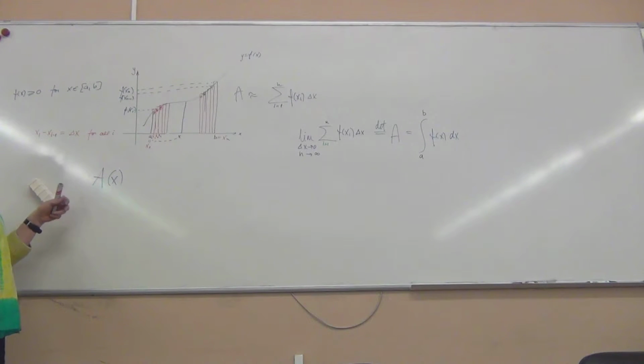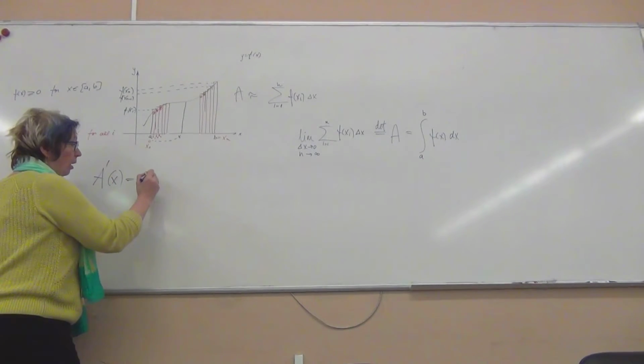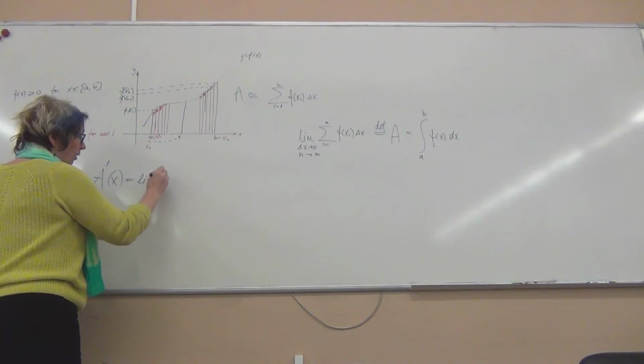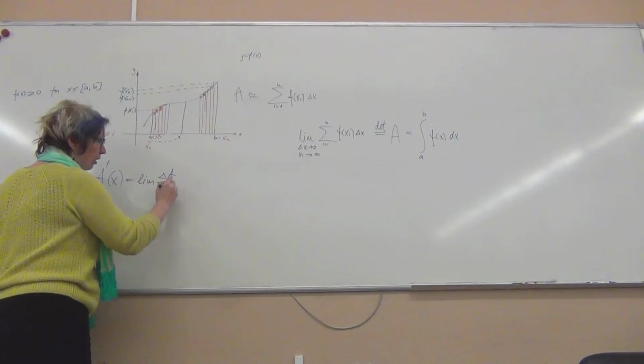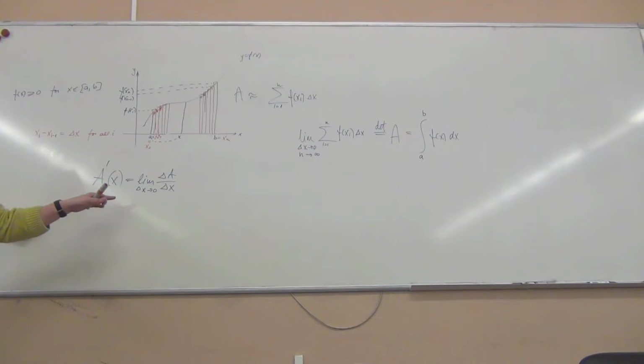Now, if we want to derive the area function, remember the derivative of the area function would be the limit of delta A over delta x when delta x tends to 0. That's the definition of derivative, right? So what is delta A for some delta x?